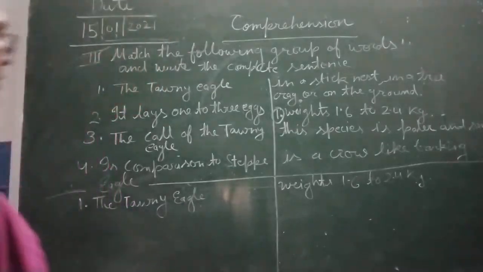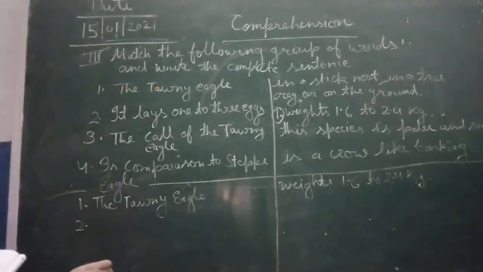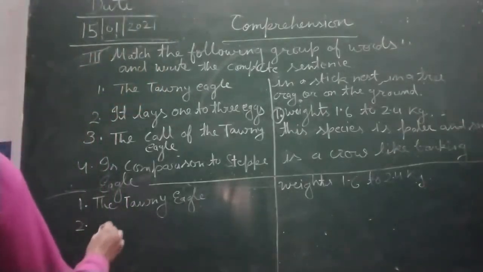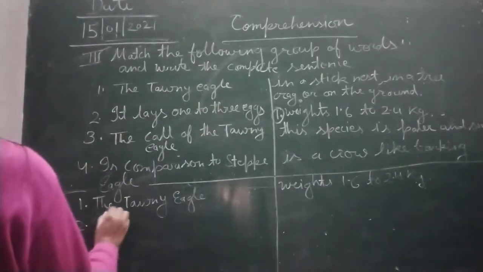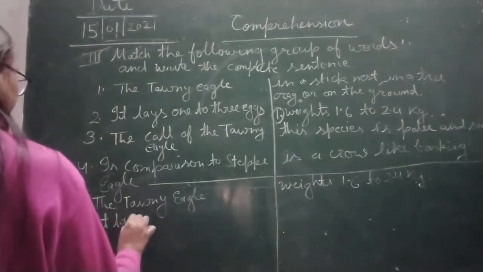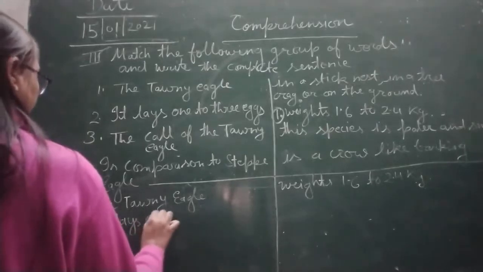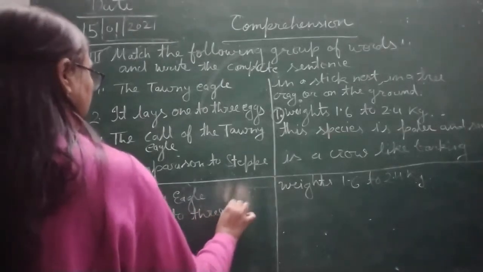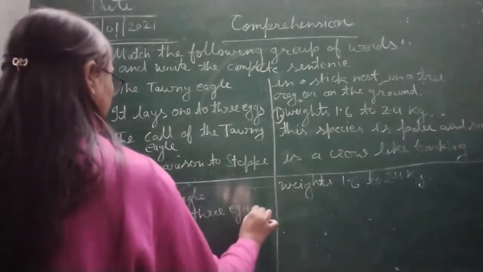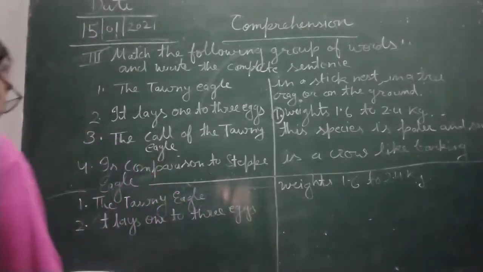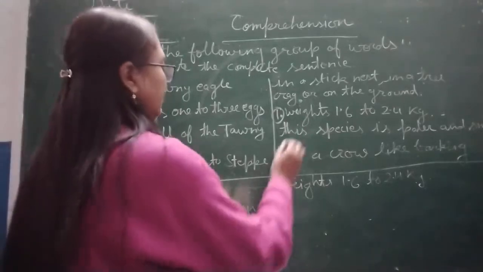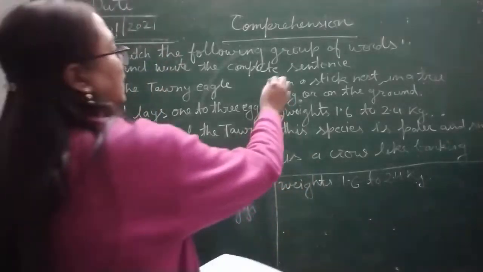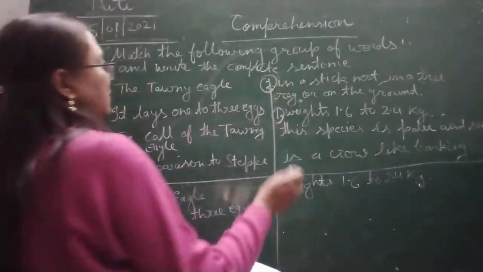And now the second one. Second is it lays 1 to 3 eggs. So we have to write this place. So this is the second answer.